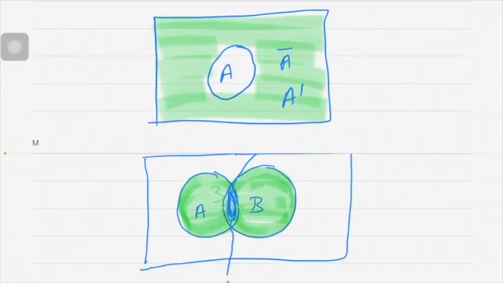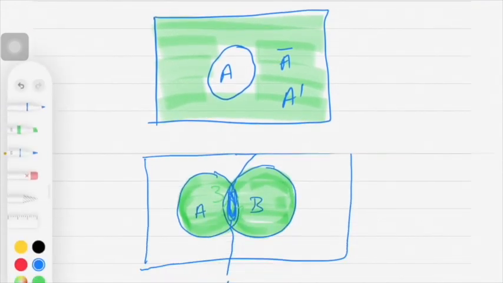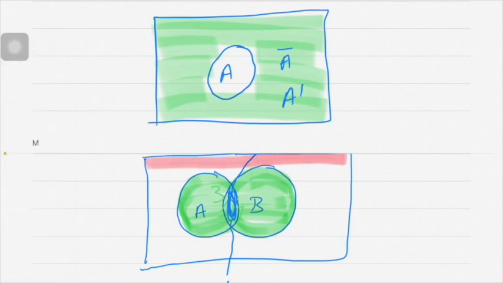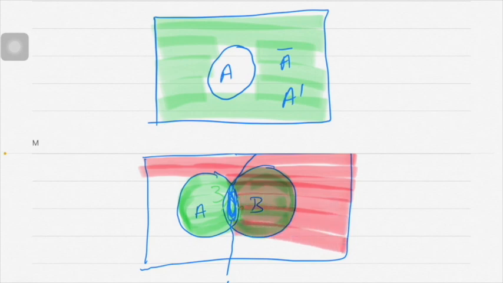Now P of A dash is 2 by 3. A dash means A bar, which is not A. The portion I am highlighting is A dash.